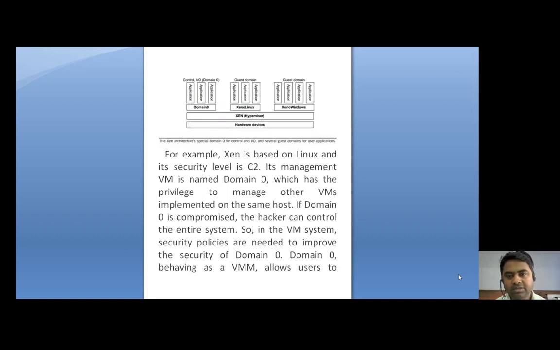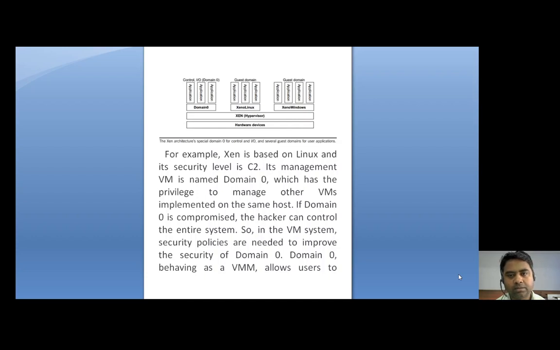And this one is the Xen hypervisor. First there are the hardware devices. After the hardware devices, we install the Xen hypervisor, and after that the original machine can work as a control input output, known as Domain 0. Next is the guest domain.